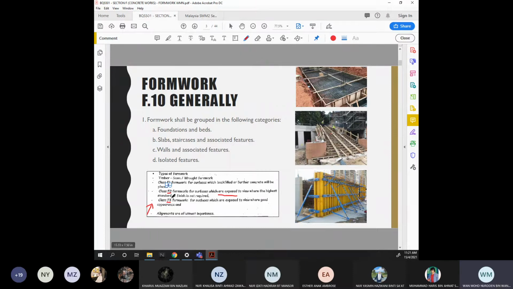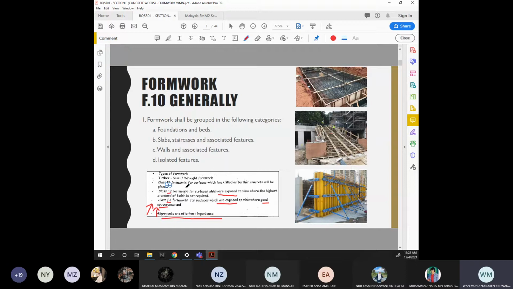So kat sini F3, formwork for surfaces which are exposed to view where good appearance and alignment are most important. Kalau F2, exposed to view where the highest standard of finish is not required.